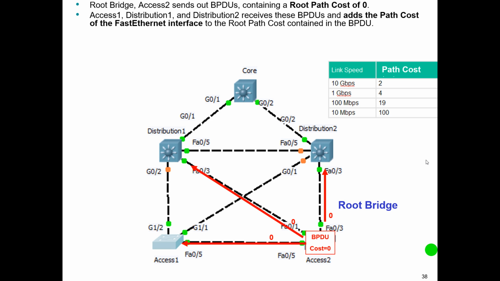Access 1 and Distribution 2 will receive these BPDUs and add the path costs of their interface. We're going to assume that they have Fast Ethernet, so that will change the link value or path cost to 19.